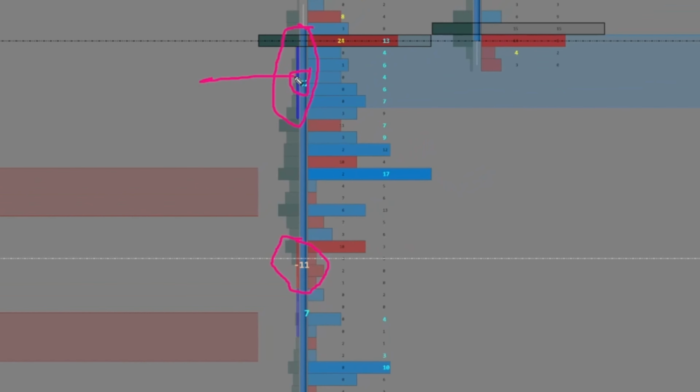Now you see this red, minus 11, left of the candle. The candle is blue, right, with the left one very minuscule. You see this red? It is a delta block. This is a delta block. And this is a delta block.